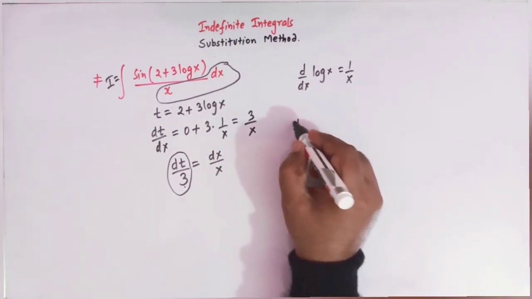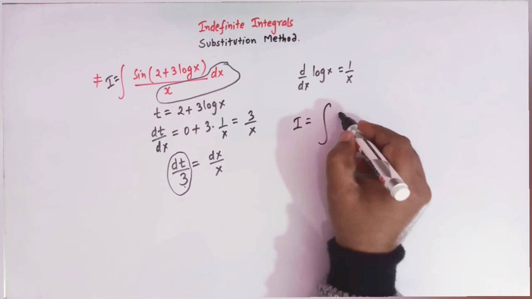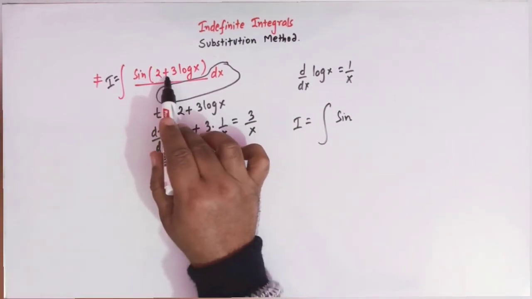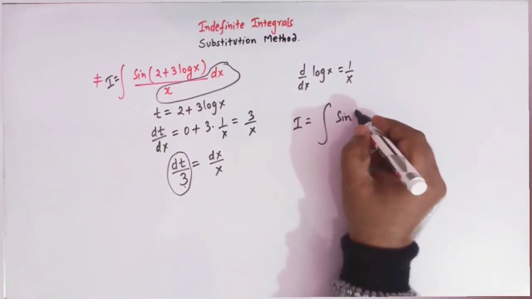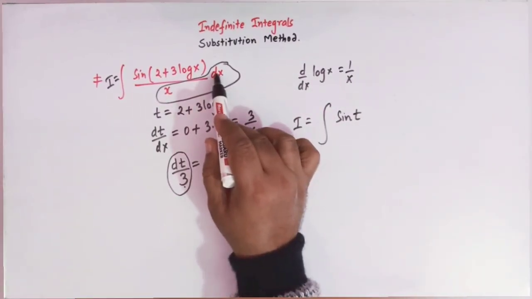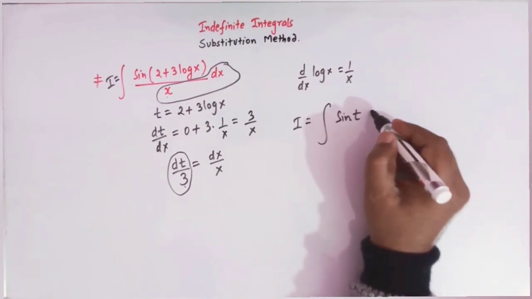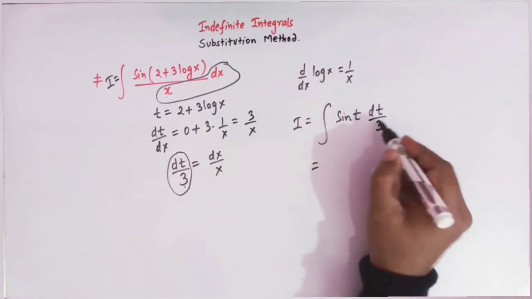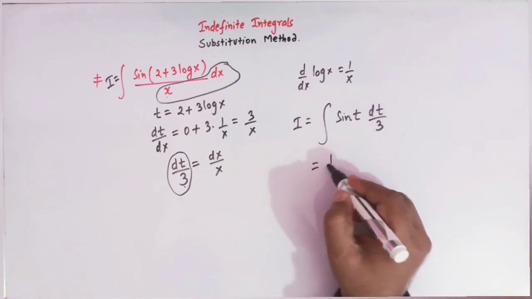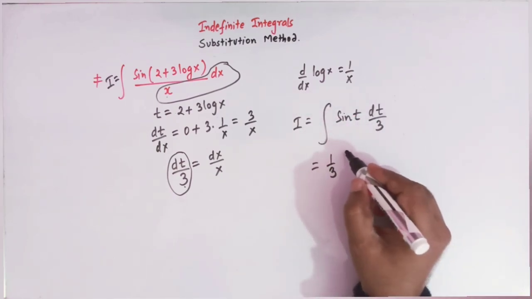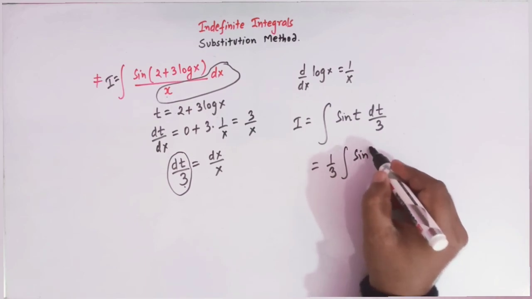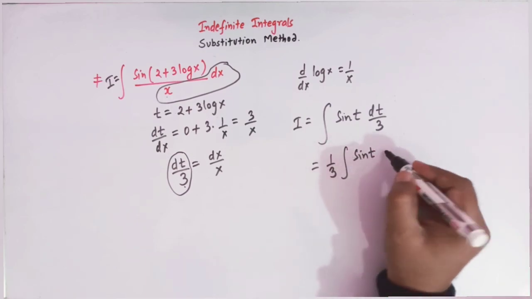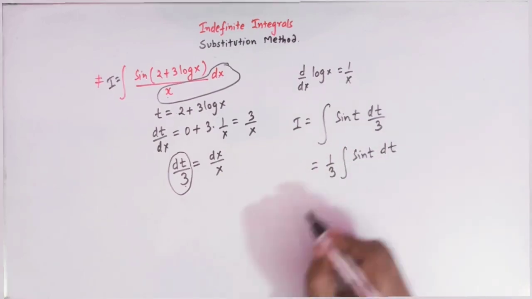So now I can be written as the integral of sine t, because 2 plus 3 log x is t, and for dx over x we have dt over 3, right? And 3 is a constant, so we can take it outside the integral sign. So we have now 1 over 3 times the integral of sine t dt, right?